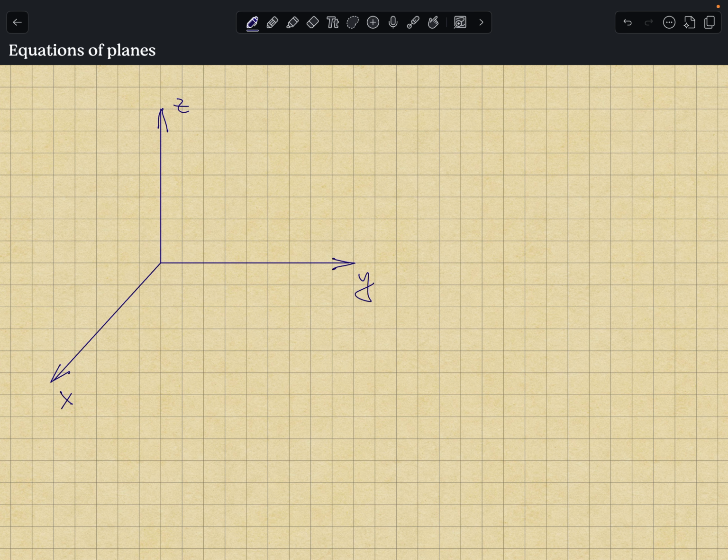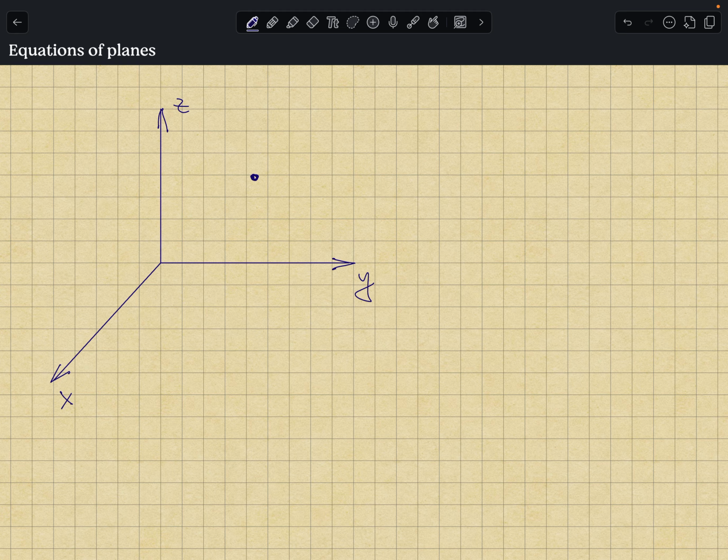First, I need the location in space, so I can prescribe, just like we did before with lines, a point P that passes through the plane, or a point through which the plane is going to pass.